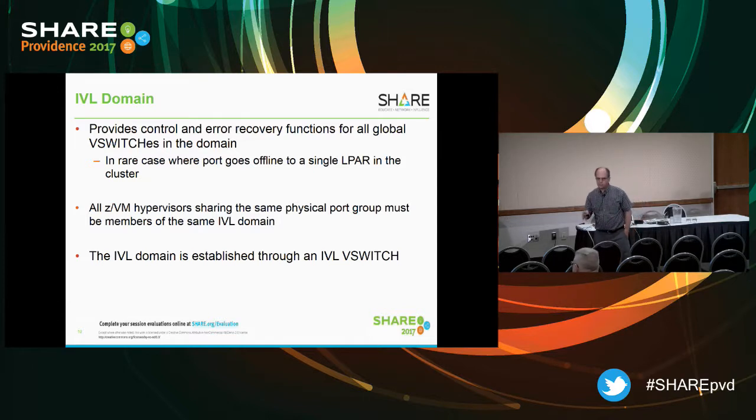There are some very specific error conditions. Think about an OSA that's being shared among multiple LPARs. The idea that the OSA could only go offline to one LPAR kind of makes no sense. If you unplug it, it's unplugged from all LPARs, right? But there are some internal things in the machine which can cause it to disconnect from just a single LPAR.